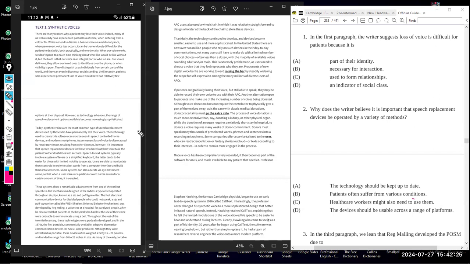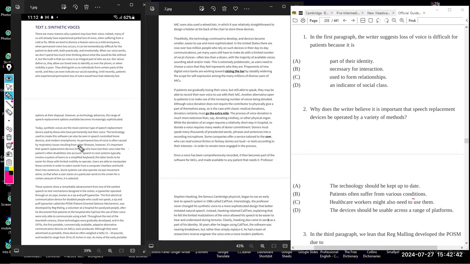Okay, can you please tell me which paragraph and which line? The second paragraph. Uh-huh. 3, 4, 5, 6. The seventh line. 1, 2, 3, 4, 5, 6, 7. So exactly, this is it.